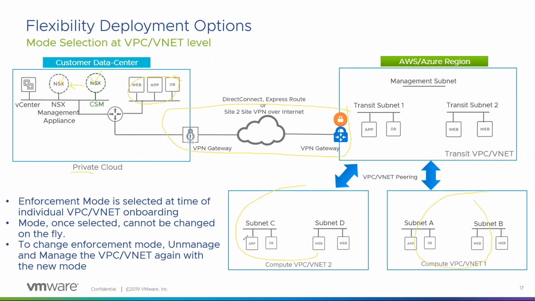So I can essentially choose to deploy my public cloud gateway here, so all connectivity comes through here because it's a transit. But where I've done that, I can say, you know what? Over here, I want to use native cloud enforced mode. But over here, I want to use NSX enforced mode.